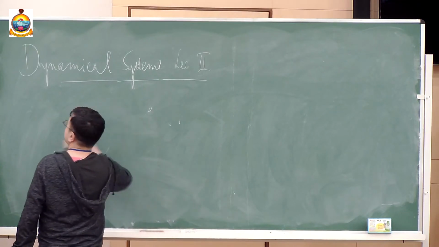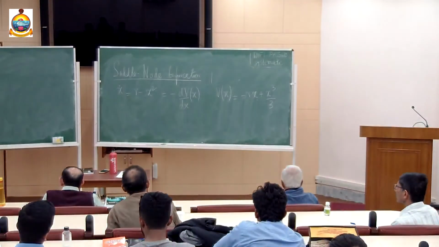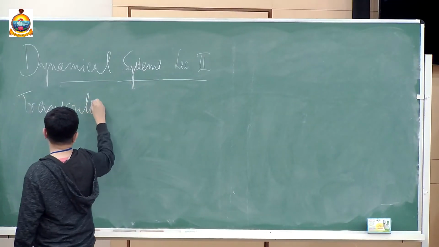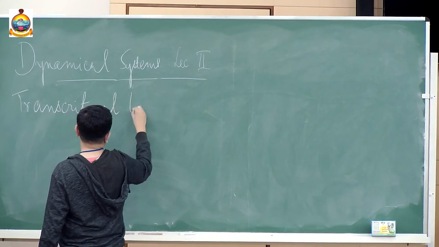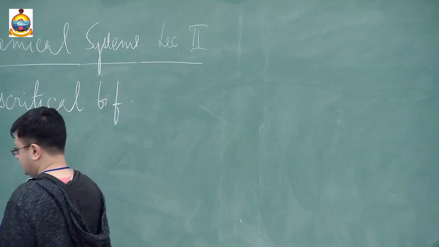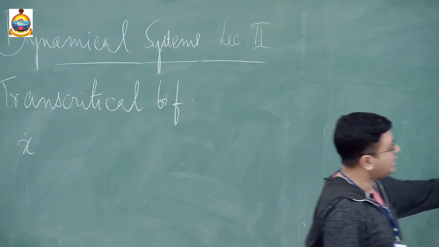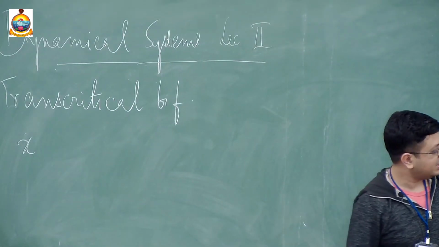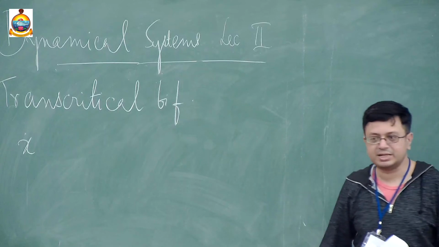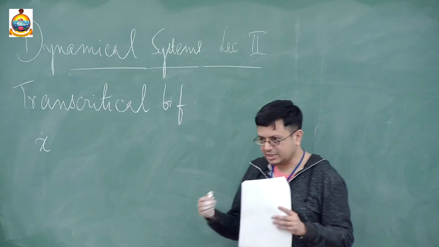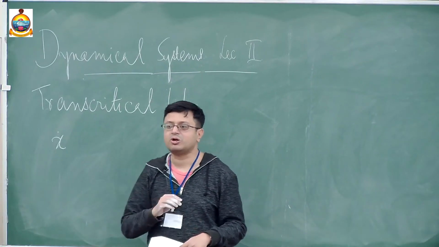Let me quickly get to the second type, which is called the transcritical bifurcation. So you see, there I had x dot is equal to R minus x square, and there I saw that there are situations where there are no fixed points at all, but there may be dynamical systems where a fixed point always exists.